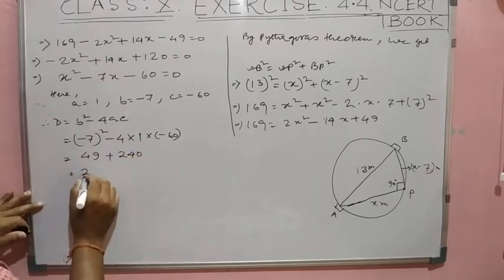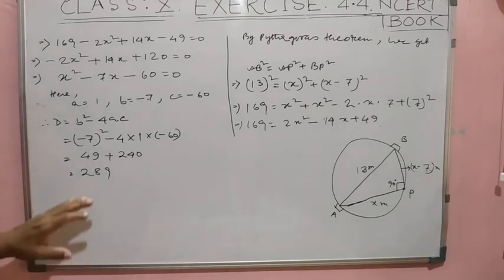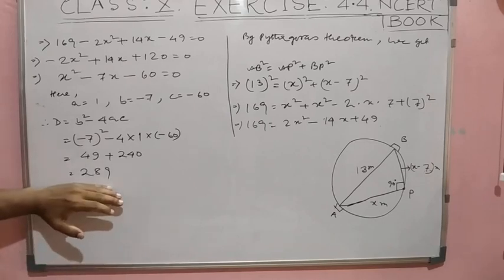So it will be 289. As we got 289, D is real.